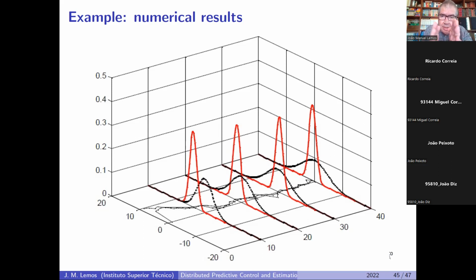The more squeezed it is, the more information I have, because I can find my state with higher probability when these densities are higher. So the black one represents the probability density of the state with no observations. Then you do an observation, and as you can see, you are squeezing these densities. That is to say, you are improving the information that you have about the state.